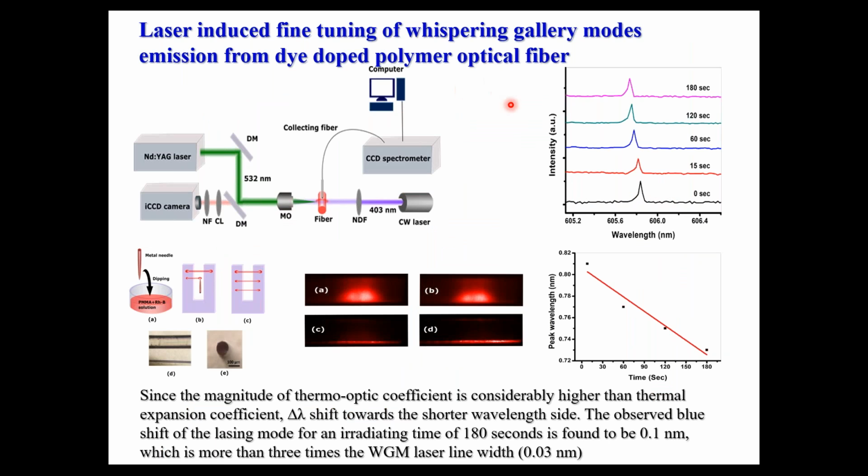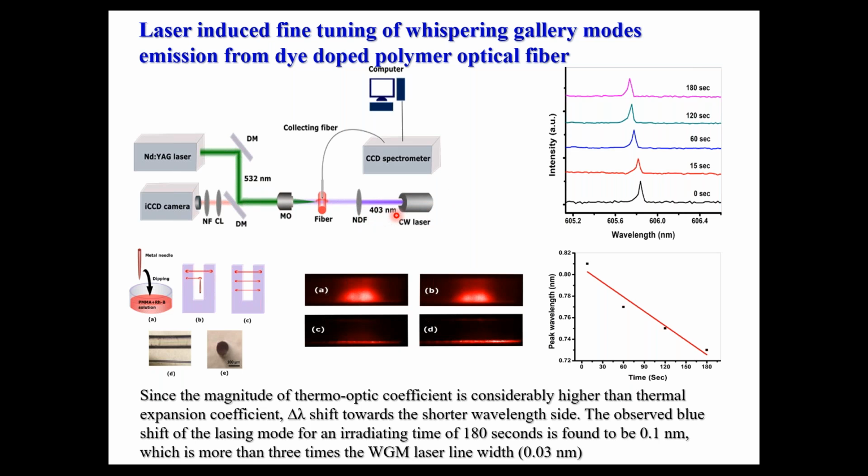And another one is, instead of heating by externally applying any heat energy, we are making use of two lasers. In order to heat the sample, this is the fiber, that is the doped microcavity, and we make use of a continuous wave laser.